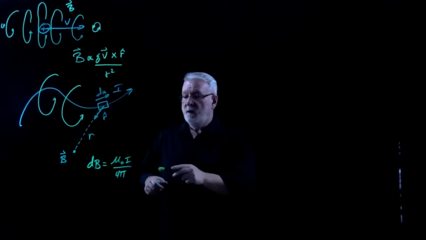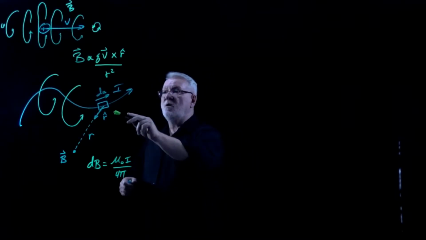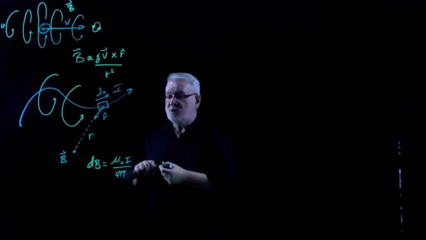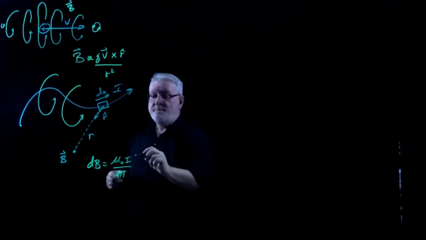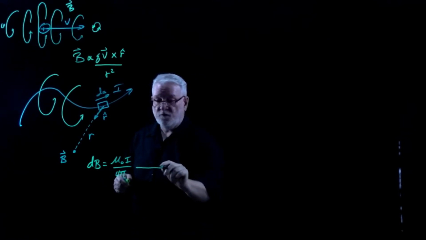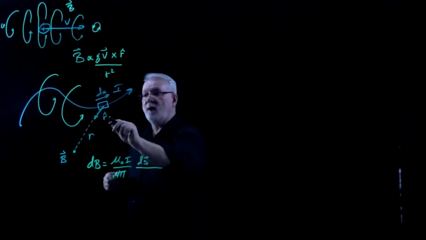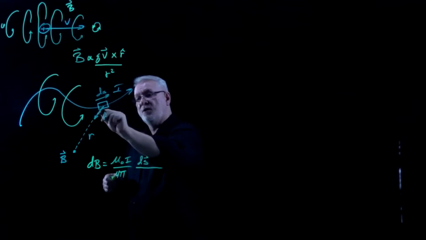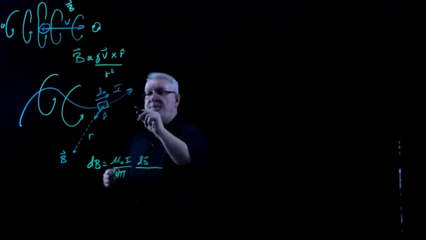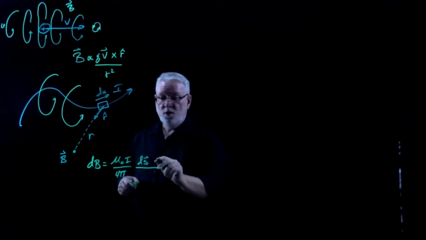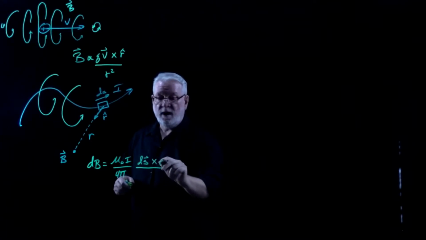Well, so far, this is just the coefficient of the actual relationship, and the actual relationship matches the one we've defined over here. It's going to be ds, whatever is the direction of this vector along the current, so it's going to be defined by the path that we choose to do the integral, crossed with the r hat vector.